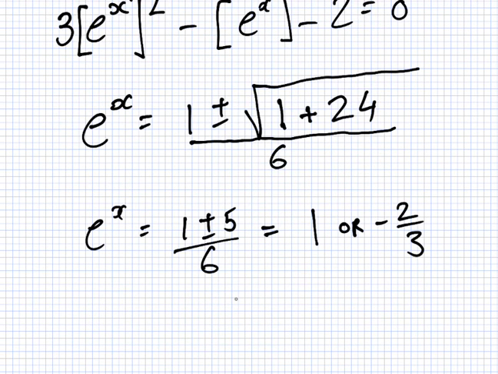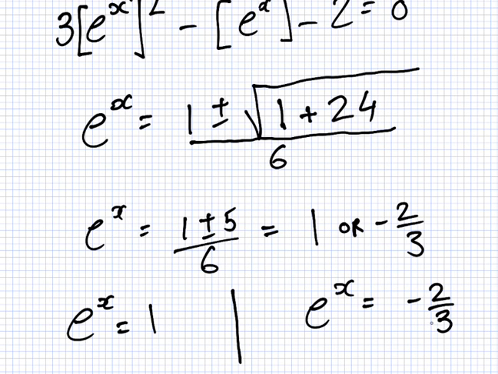Now one of those answers I have to reject. Yes, why? Why do I reject the minus answer? Yeah, but why? What's the problem with it? Because you don't have anything to compare it to.